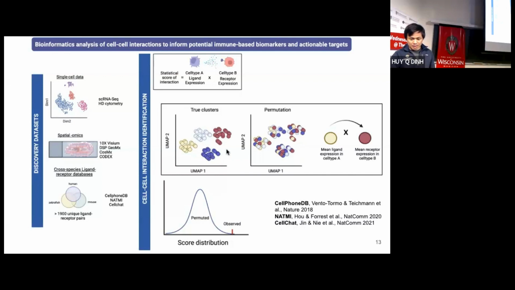Basically they ask about the mean of the expression in cell type A and the product between the ligand and the receptor, and whether it is not observed by chance, for example if they permute the cluster labels in the single cell data, right? And this only accounts for one pair of ligand and receptor.